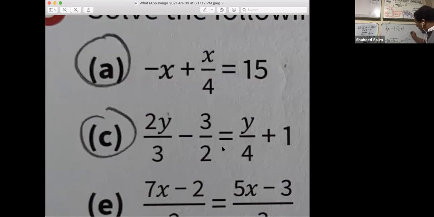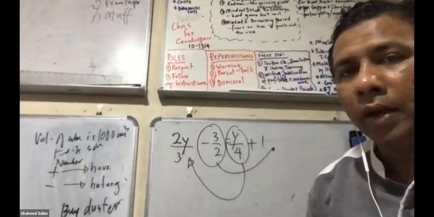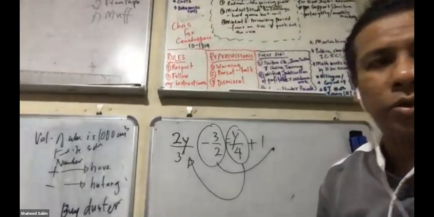Could you bring all the fractions with the y to the left side and all those numbers to the right side? It means bring this there, bring this here. That's your first step. Once you are done, you tell me, then we will show you the next step.